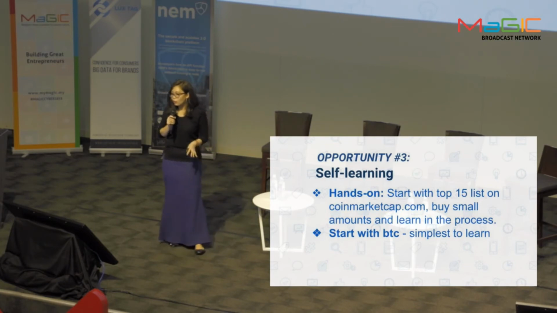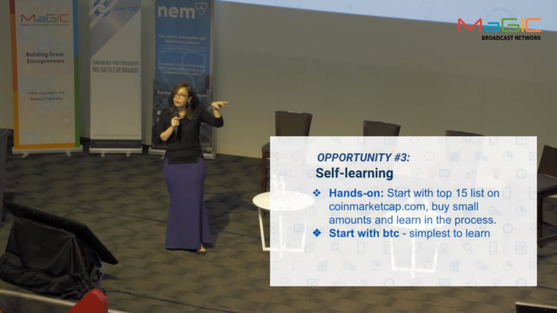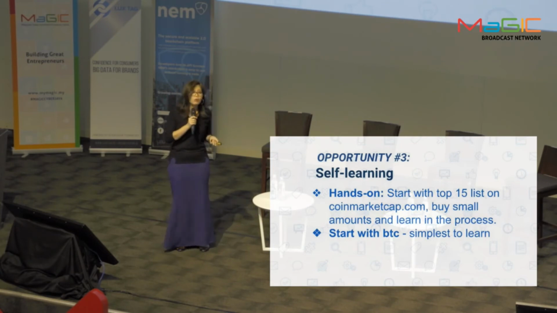So when I say hands-on learning, I don't think there's a better way than to put your money where your mouth is and start looking at different types of cryptocurrencies and find out what they do. Some of them are very much clear-cut currency because BNM doesn't regulate it or recognize it as currency. Some are platforms like Ethereum and Decent.